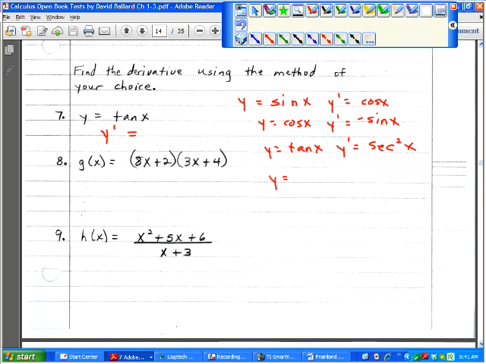If we had y is equal to cosecant x, then the derivative of cosecant x is negative cosecant x times cotangent x. Good. And if we had y equal secant x, then y prime would be secant x times tangent x.